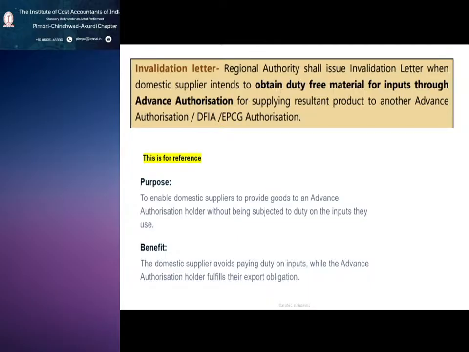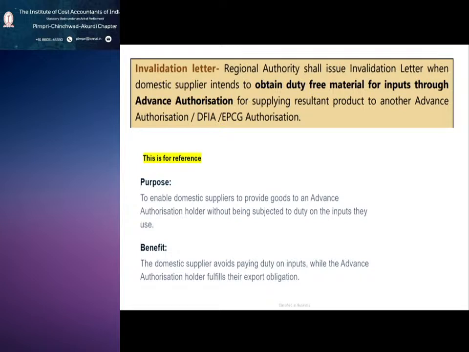With the support of that invalidation letter, he imports the raw material duty free and supplies me the inputs, that is raw materials, and I use that for the manufacturing of the resultant product.